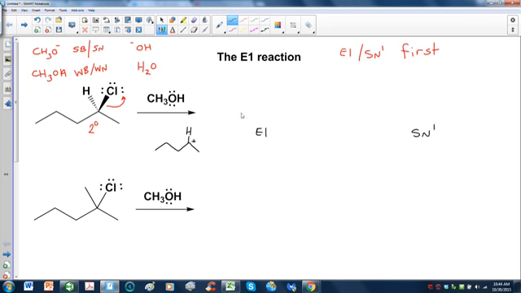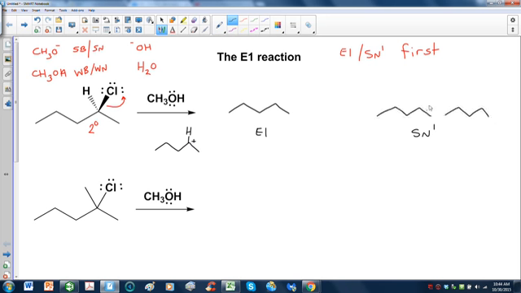So for the elimination reaction product, actually, you know what, let's just look at the substitution first. For the substitution product, this guy just goes right in here and gives us our 2 enantiomeric products. And I'm just going to show the products after deprotonation.